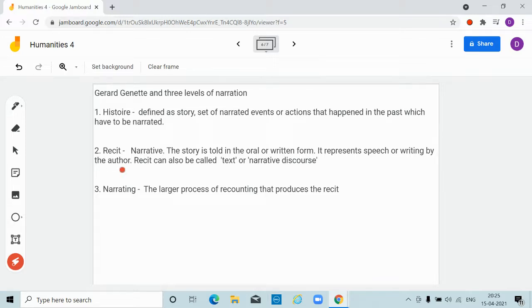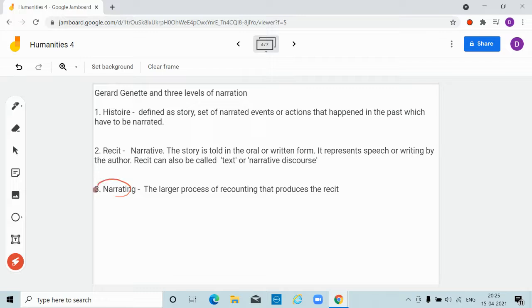So, how a story is told, whether it is spoken by the author or written by the author, depends on which narrative form the author takes. So that is récit. Récit can also be referred to as the text or the narrative discourse. So récit is the second level of narration according to Gérard Genette.